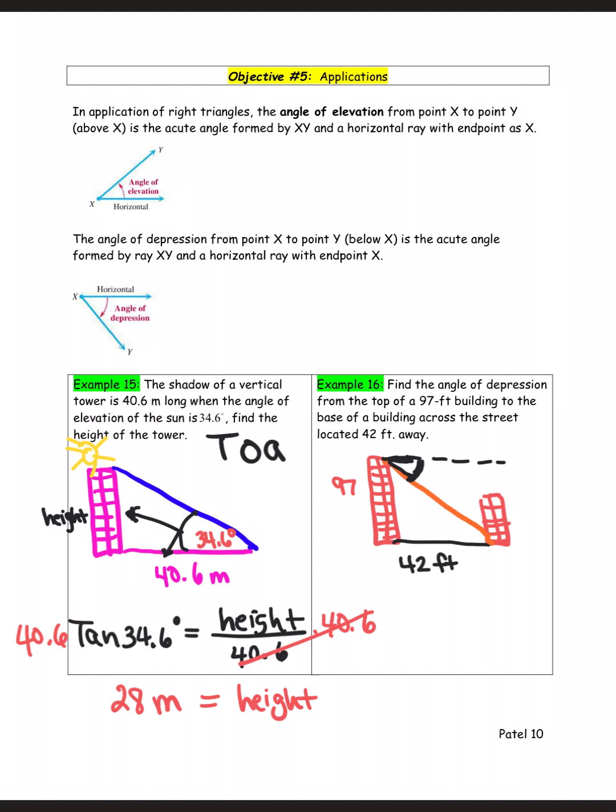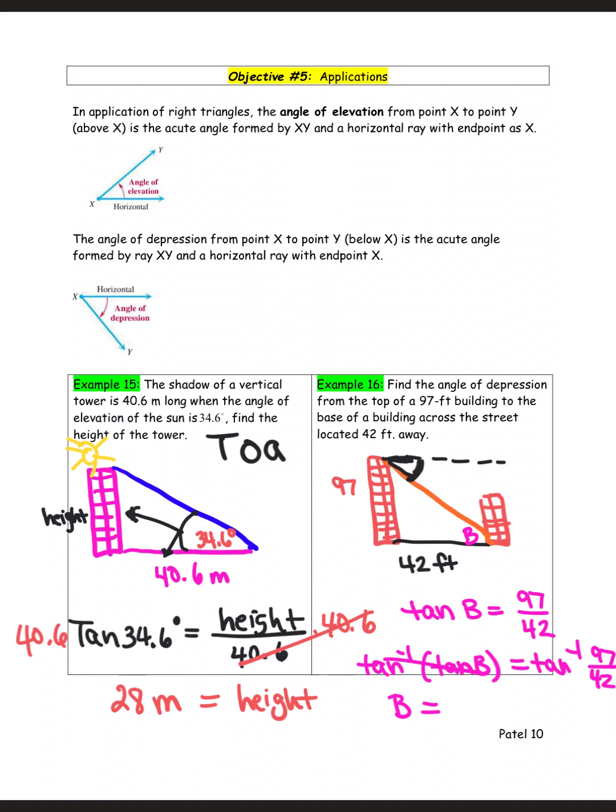In order to find that angle, first we're going to find this angle right here, and I'll call it B. In relationship to B, 97 is opposite and 42 is adjacent. So I can use tangent again. Tangent of B is equal to 97 over 42. Then we're going to use the inverse tangent of both sides to solve for B. So tan inverse and tan cancel each other out.